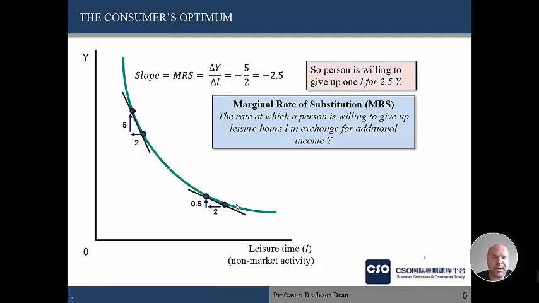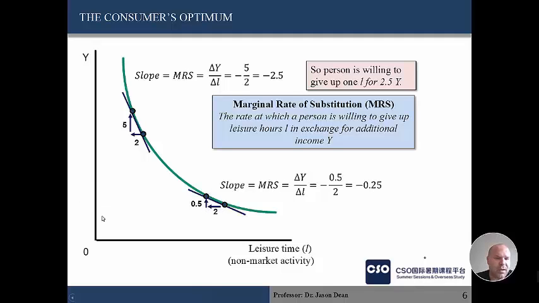So for example, down here, the marginal rate of substitution would be negative 0.25. Okay, at this point in this area, the person already has a lot of leisure. So the marginal utility of leisure is lower than it would be up here. And so if you take away 2 hours of their leisure time, you don't need to give them as much income to make up for that.